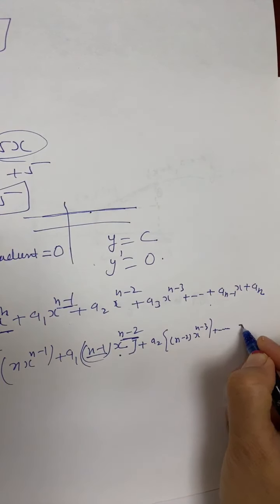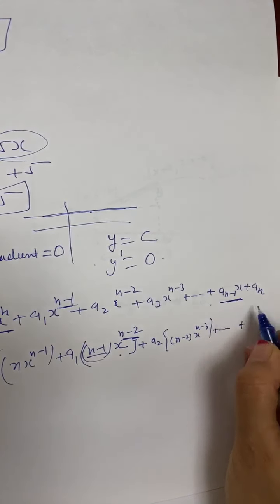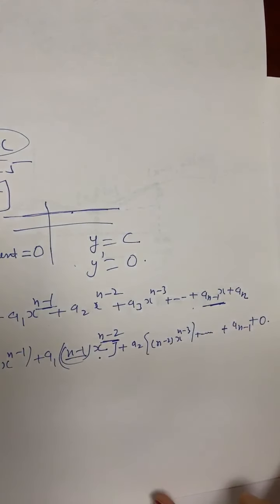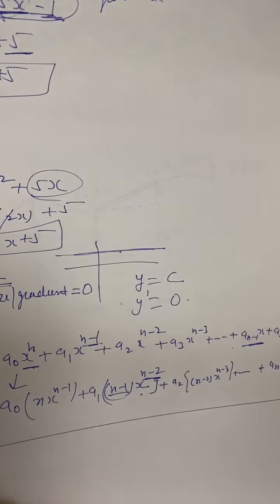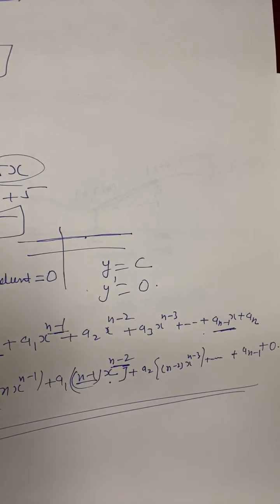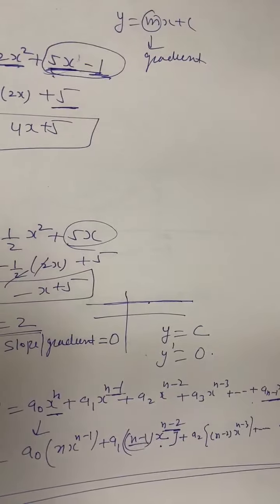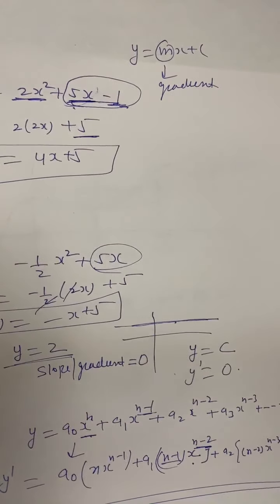And for an, I'm going to just write down the last one. This will be a(n-1) plus 0. So this is the generalization which I asked you to do in the previous one. I hope this is clear. Please make sure that you go back and do them carefully, okay?